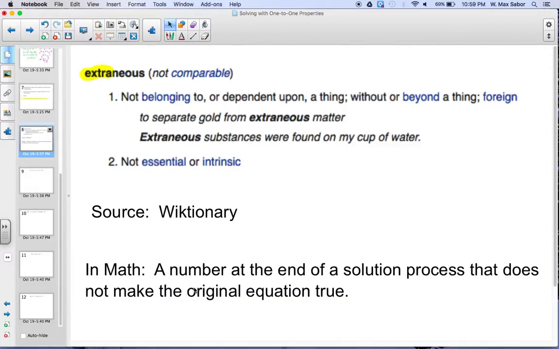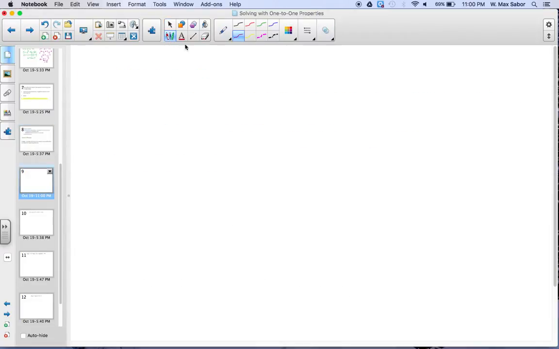So occasionally we can do things that give us extra solutions. One straightforward example is if we took the equation, say, x equals 2 and squared it, we get x squared equals 4.